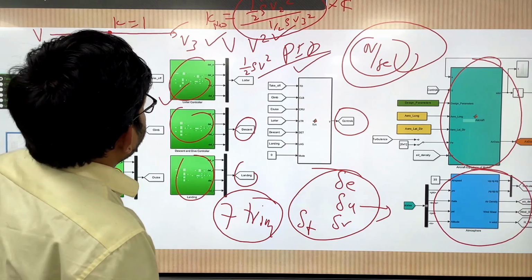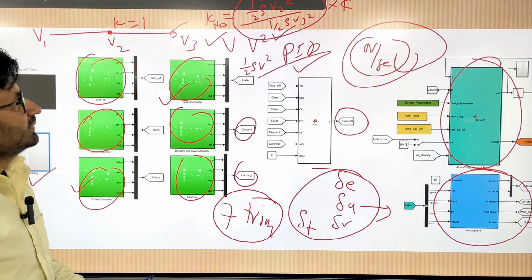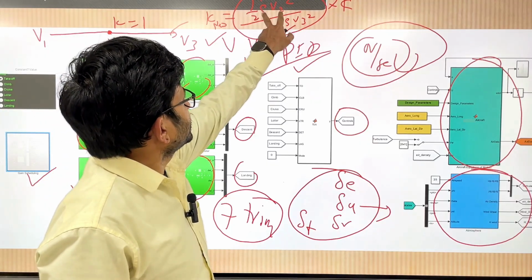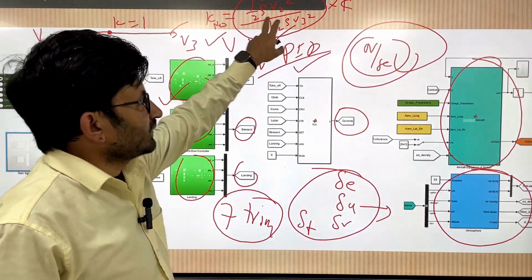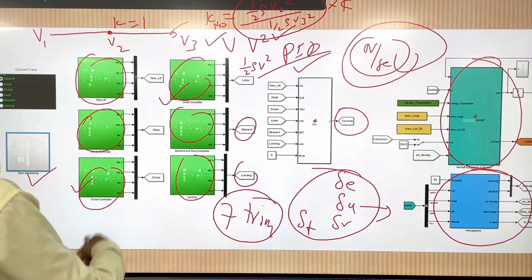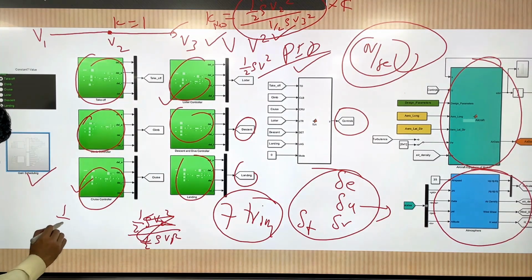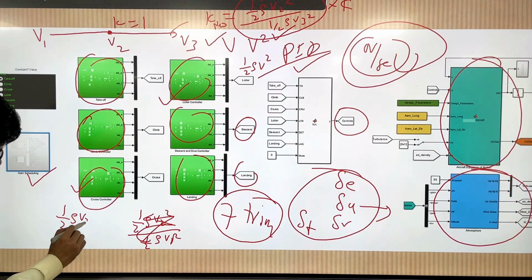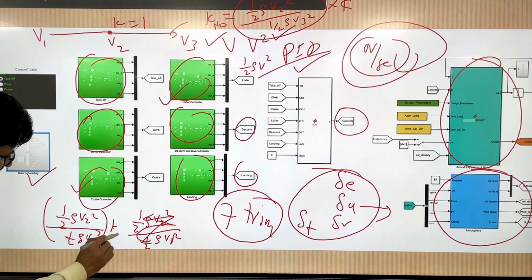So when you increase the speed, the gain will drop, because this gain is half rho v square. The value half rho v2 square divided by half rho v3 square will be less than 1. And in this case, we take half rho v2 square over half rho v1 square, multiplied by the gain here.